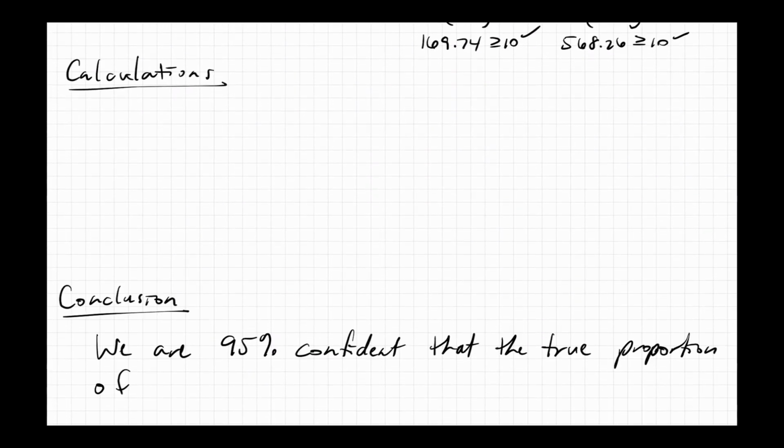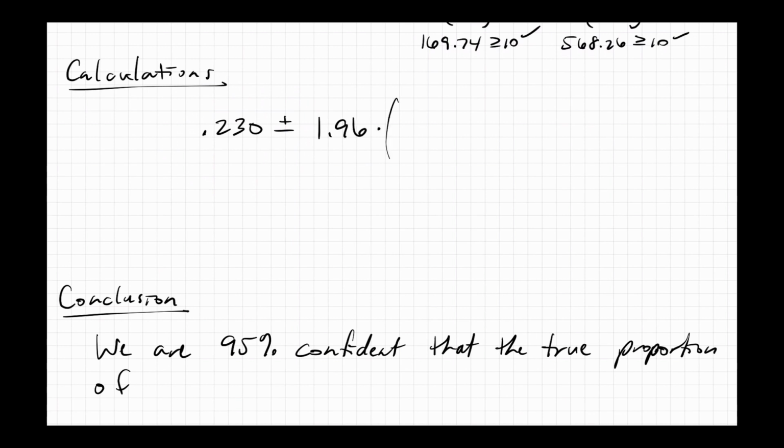Now the calculations. Starts with p hat. From our sample, we know that p hat is 0.23 plus or minus z critical. What is z critical going to be for this one?